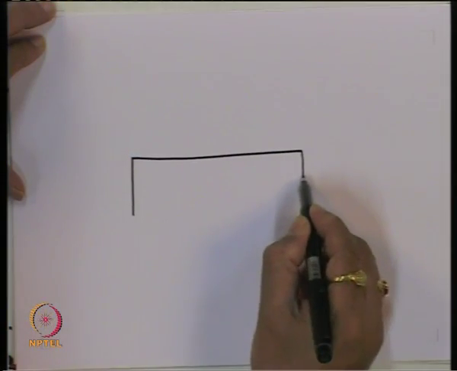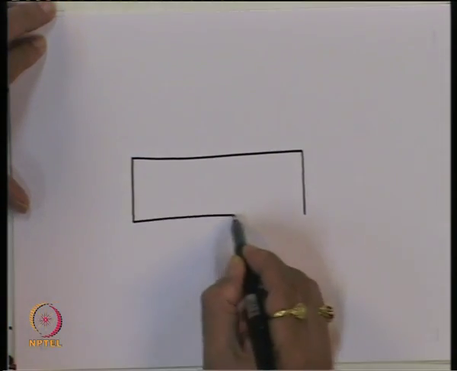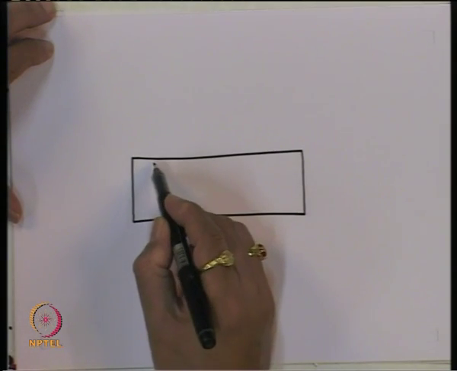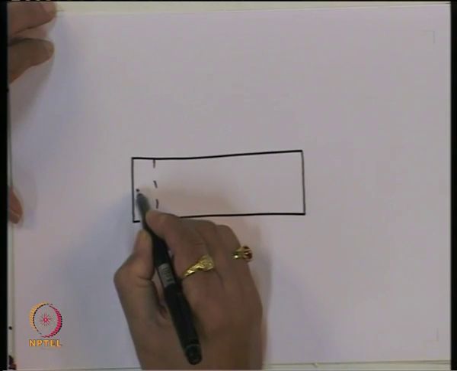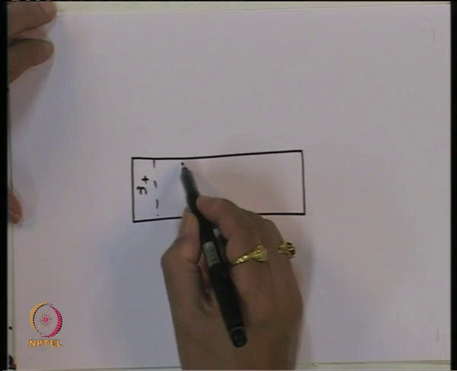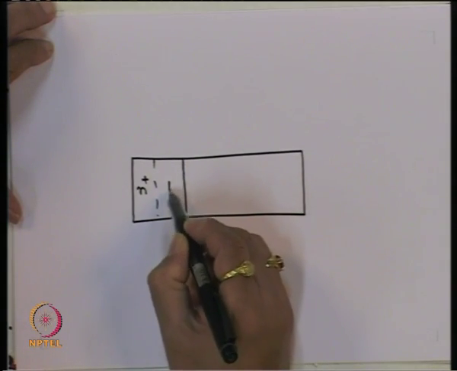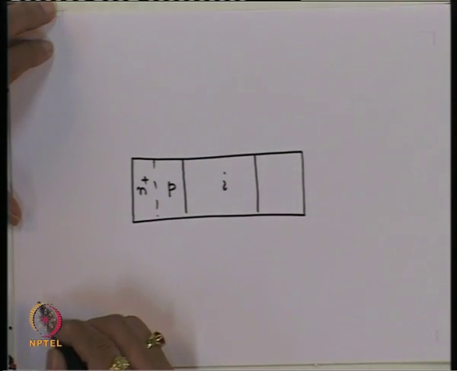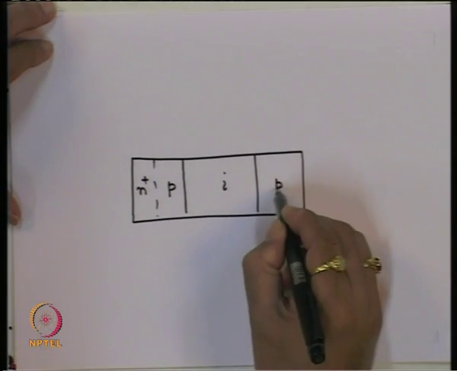So, in the Avalanche photodetector device, essentially the configuration is as follows. We have now a region, let us say this is the N plus, then you are having a region here which is P, then you have region I, and this is P plus.